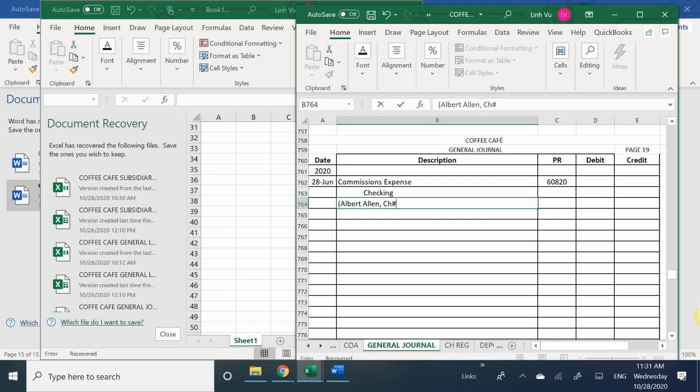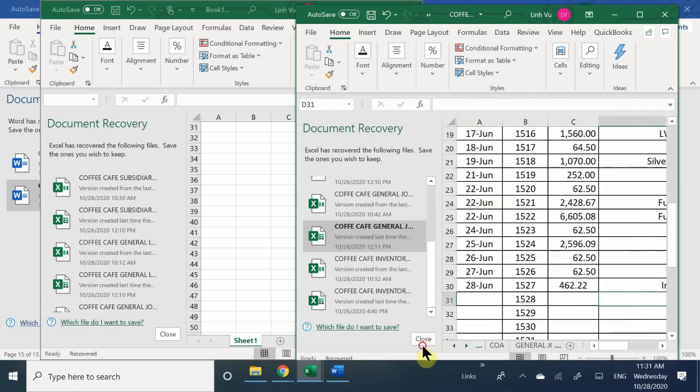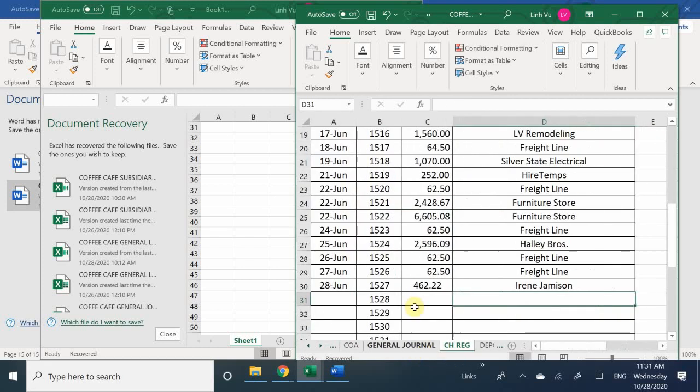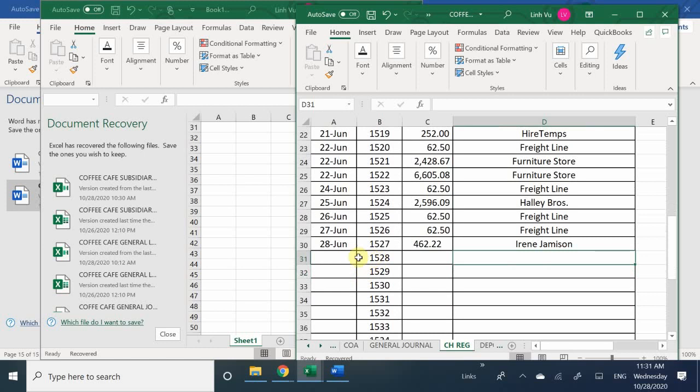And what check number is this going to be? 1528. Yes. So we go to our check register. 1528 is going to be our number. We wrote it out for 140.18.